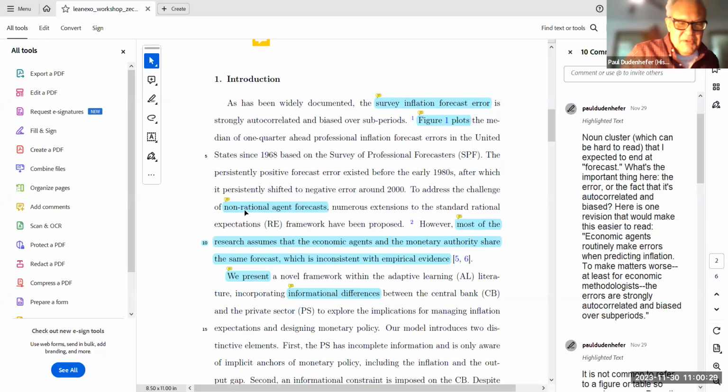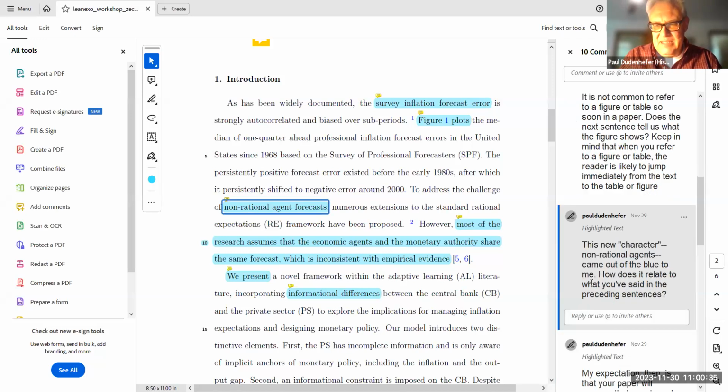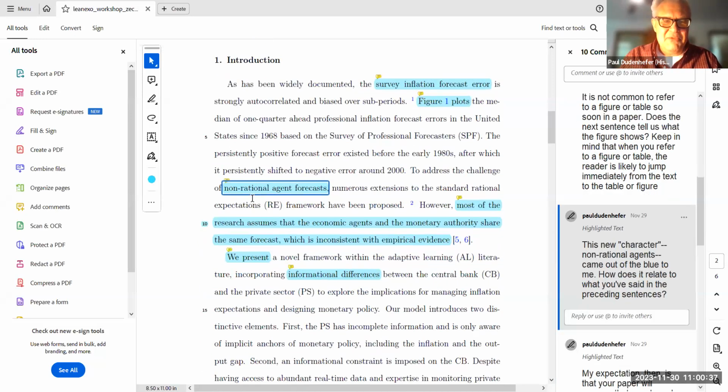And so I had trouble figuring out how this connects to what you've already told me. That was a source of trouble for me. This is like a new word, a new piece of information that I didn't know how to relate to what I had just finished reading.